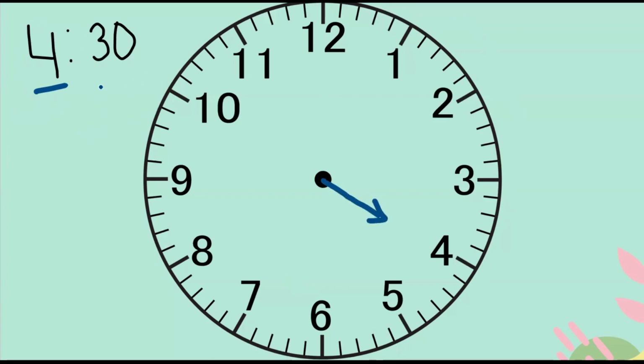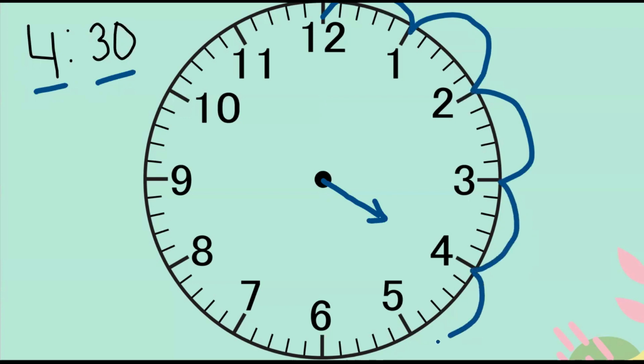Now we need to do our 30 minutes. And I know you guys are great counters now, so I want you to count with me one more time. Here we go, starting at the 12. 5, 10, 15, 20, 25, 30. It's at the 6. So we're going to draw our minute hand pointing down to the 6. Now our clock shows 4:30.